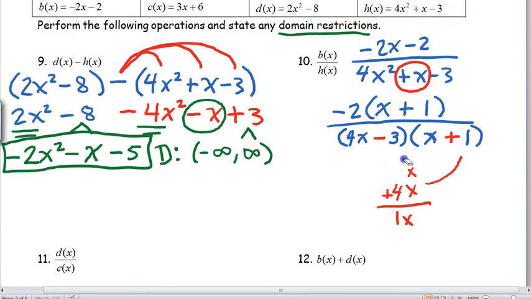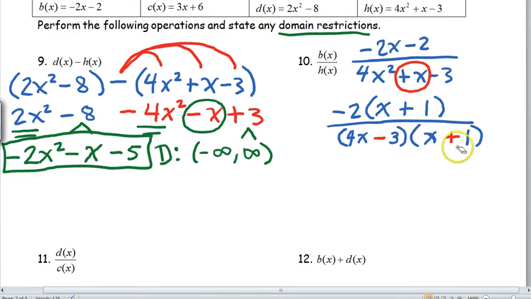Let me erase some of this extra stuff. Remember when I said we couldn't cancel out things that were connected by addition and subtraction? Do you see anything that we can cancel out now? X plus 1. Right. Now we have x plus 1 here and we have x plus 1 here. These parentheses are connected by multiplication.